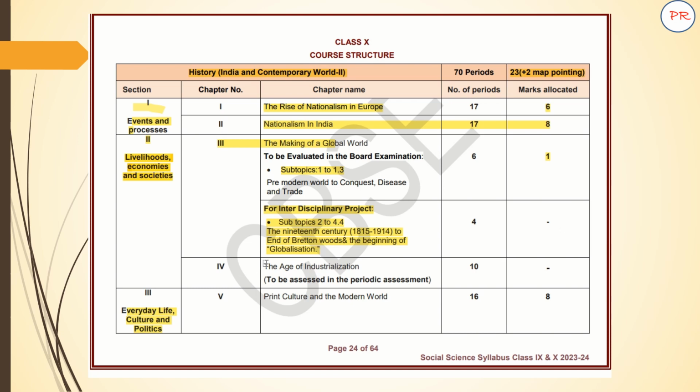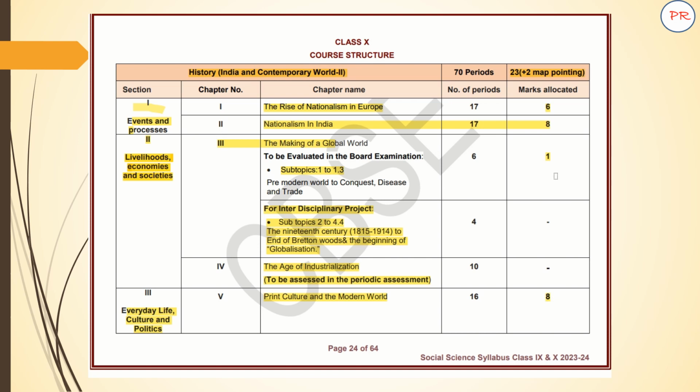Chapter number 4, the rise of industrialization, will be only for periodic assessment. It will not be there for the final exam. Our 5th chapter, print culture and the modern world, will be asked for 8 marks.